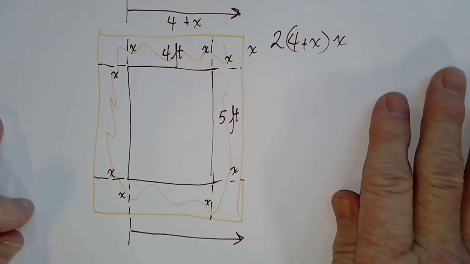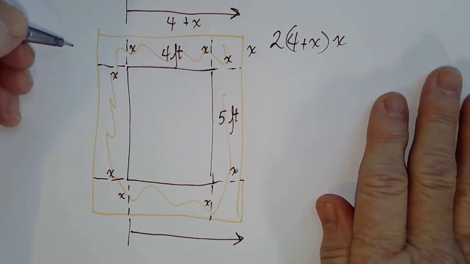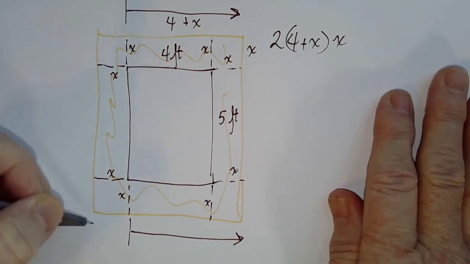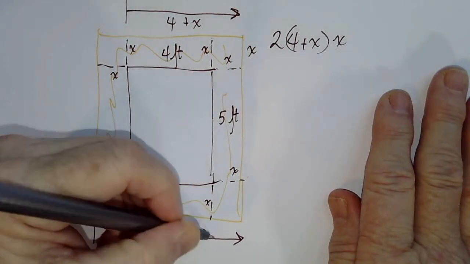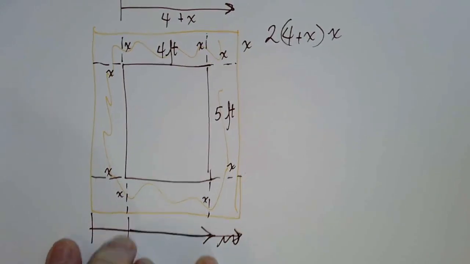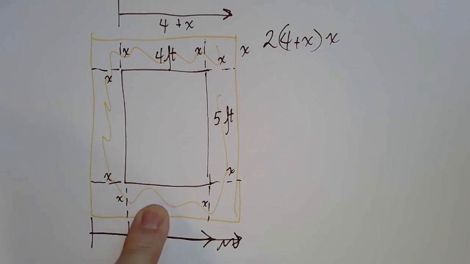Now I also have the bottom one includes the left bottom square and the center.